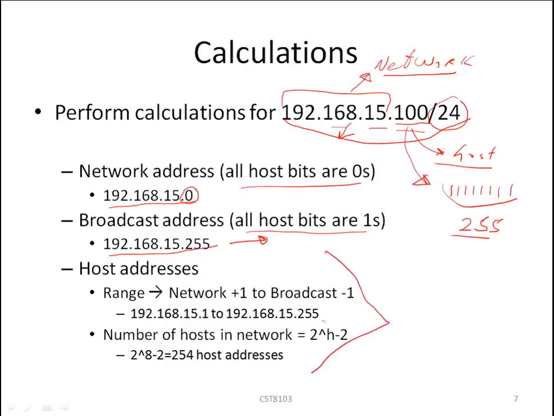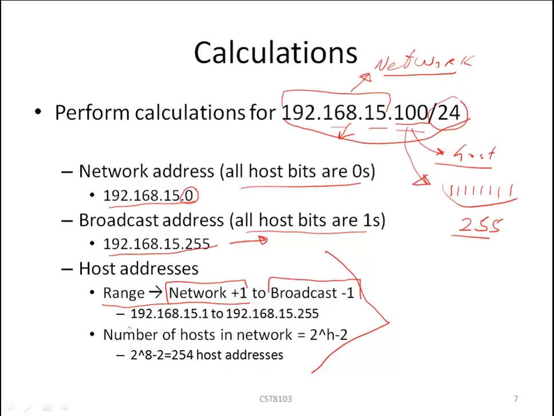Finally, what are the host addresses? What are the addresses that we can assign to devices connected to this network? That is computers, laptops, smartphones, printers, servers, routers, etc. So the host addresses, based on our formula, range from the network address +1 to the broadcast address -1.